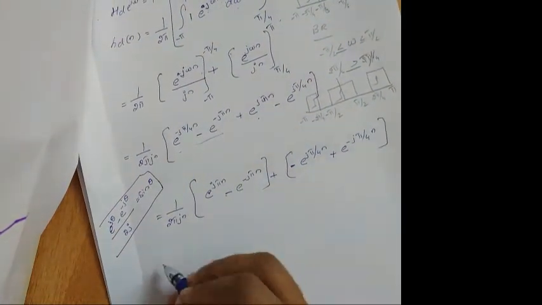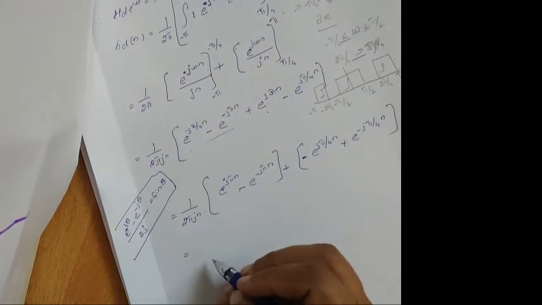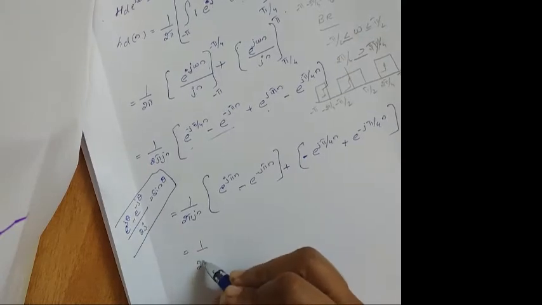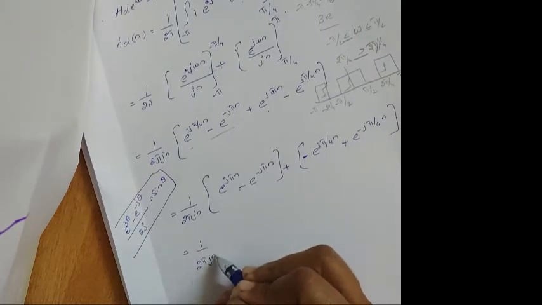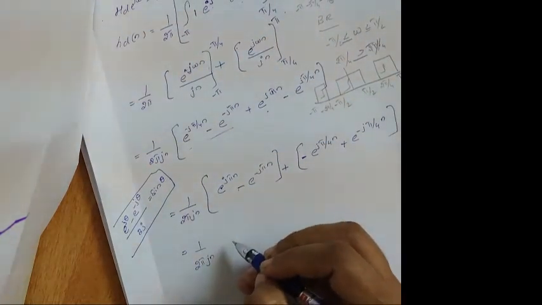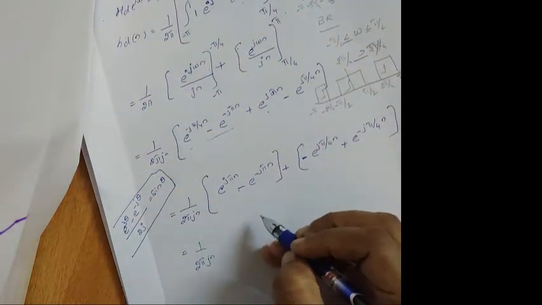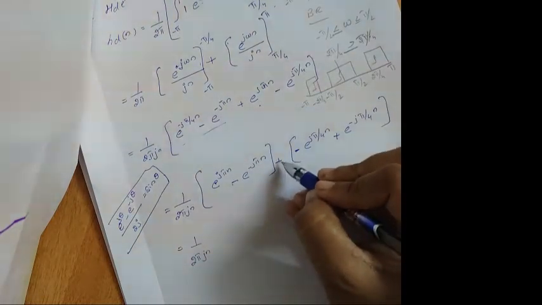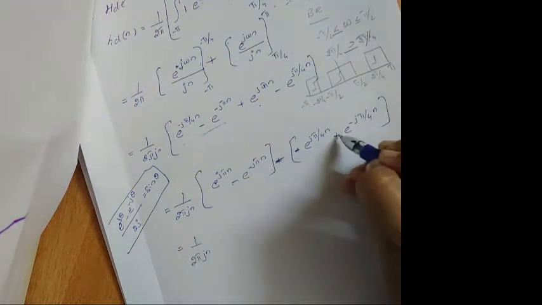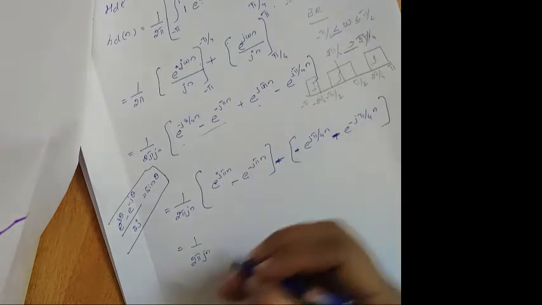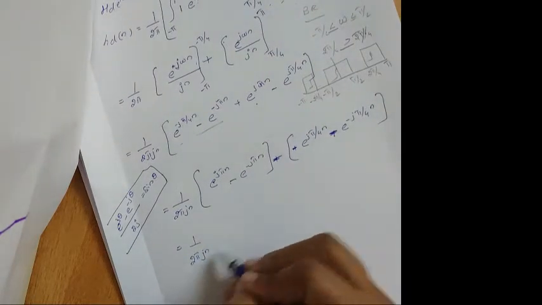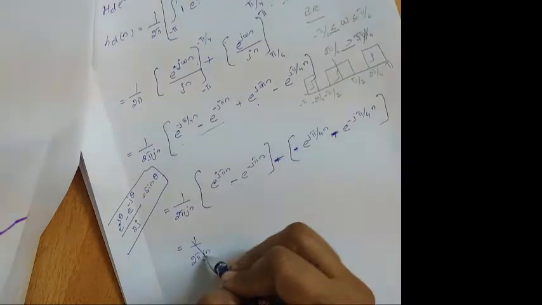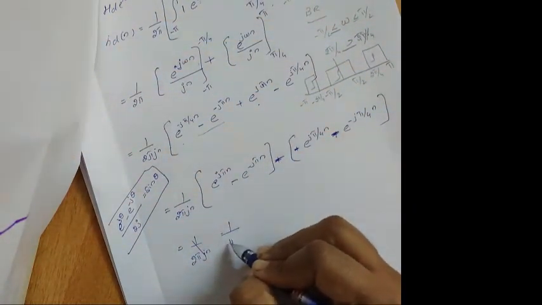Now that is equal to 1 by 2 pi j n into, okay, now you can take this minus outside, commonly outside, this will be plus and this will be minus, isn't it? So you will get, and you are putting j n inside, so that will be equal to 1 by pi n.